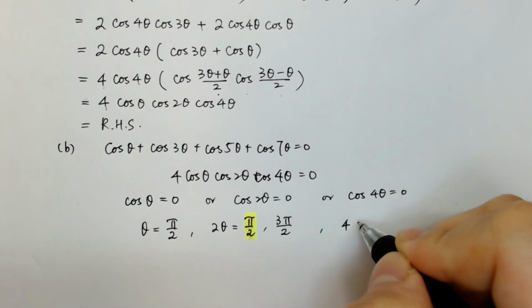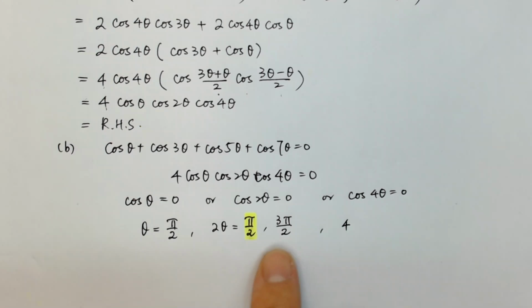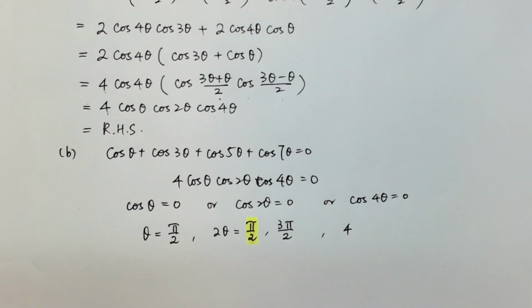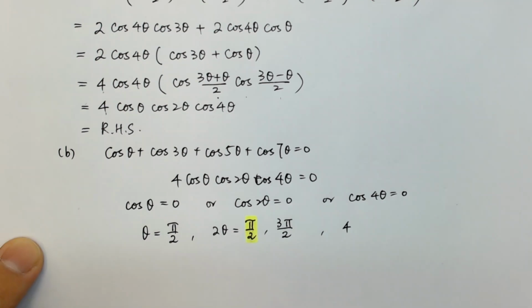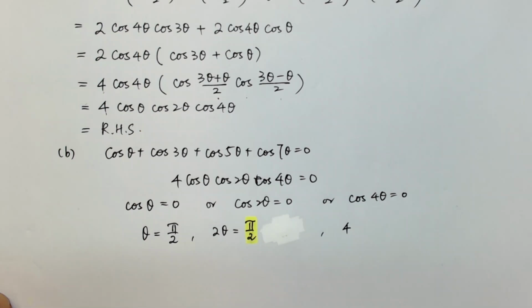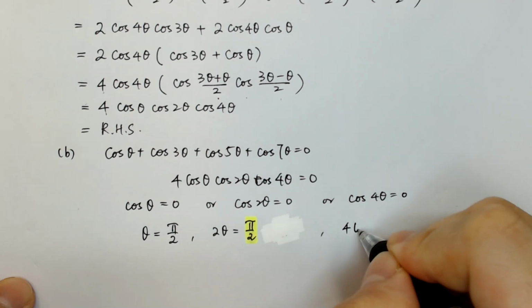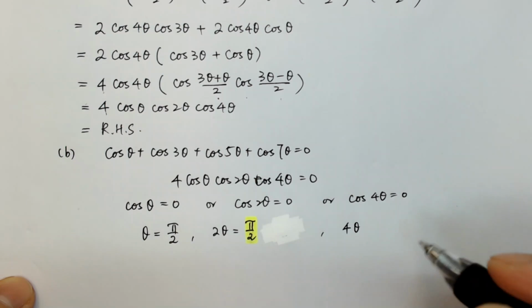And for this one, 3 pi over 2 is outside the range, because 2 theta is ranging from 0 to pi. So 3 pi over 2 exceeds pi. So I erase it. Now for 4 theta, it runs through 0 to 2 pi.